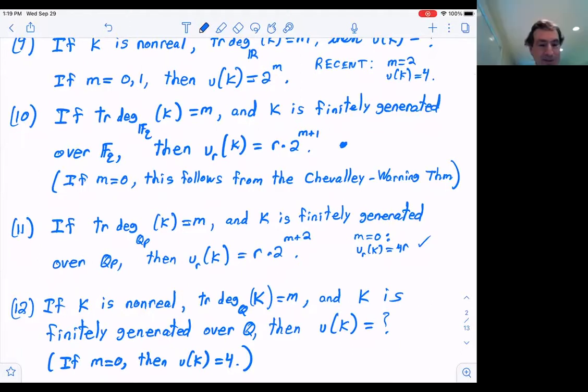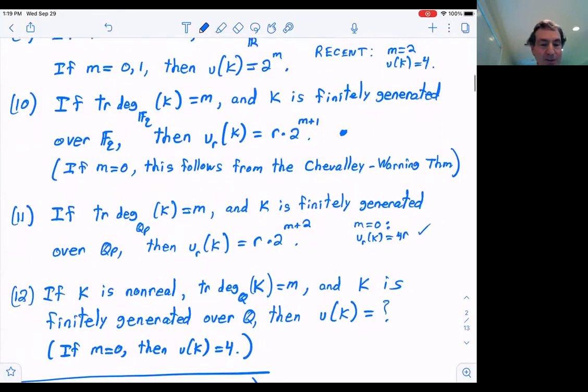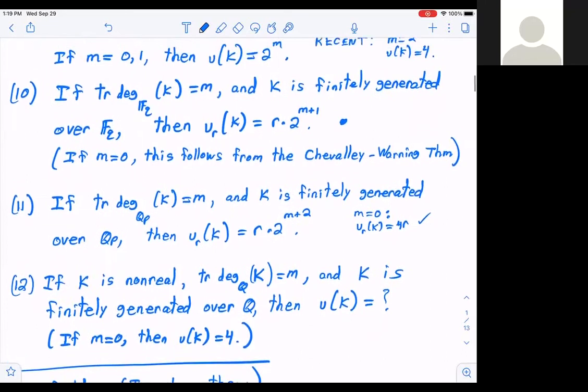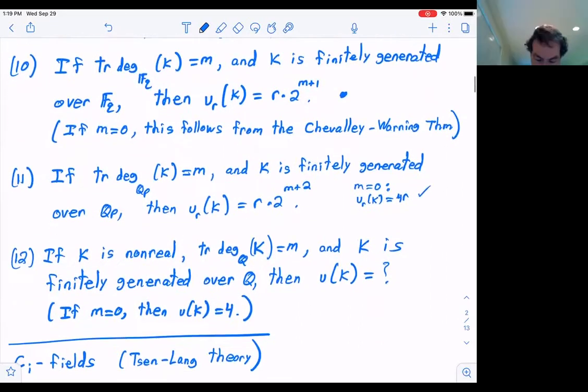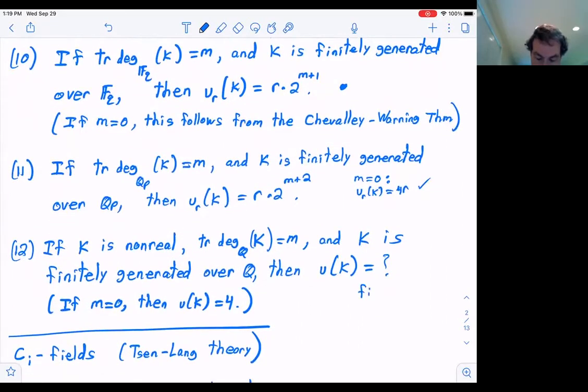Hardly anything is known. We know the result for m equals 0. That's the Hasse-Minkowski theorem, which is already hard. But even for m equals 1, we don't even know. Let me just write this here. We don't even know if the number is finite. It is expected to be finite, but we have no idea.